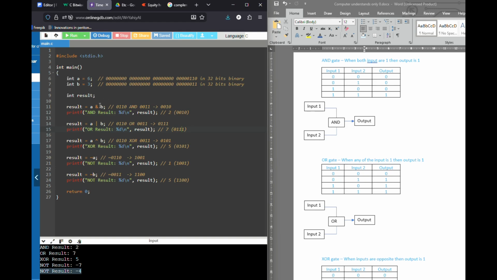Then the binary will apply the AND, OR, and XOR gates. Then the output will be printed back in decimal using the integer format specifier. So this is about the bitwise operators, how they work in the binary system.